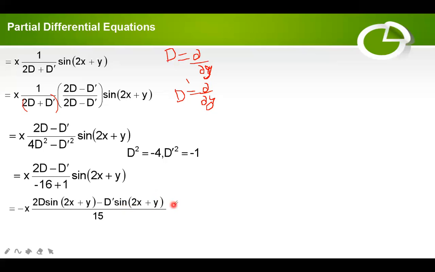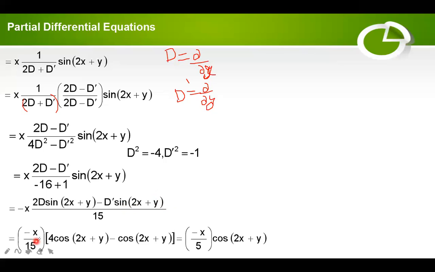Therefore minus x by 15 into (4 cos(2x plus y) minus cos(2x plus y)). Simplifying, we get 3 times cos(2x plus y), and cancelling this 3 with 15, 5 times, we get minus x by 5 into cos(2x plus y).